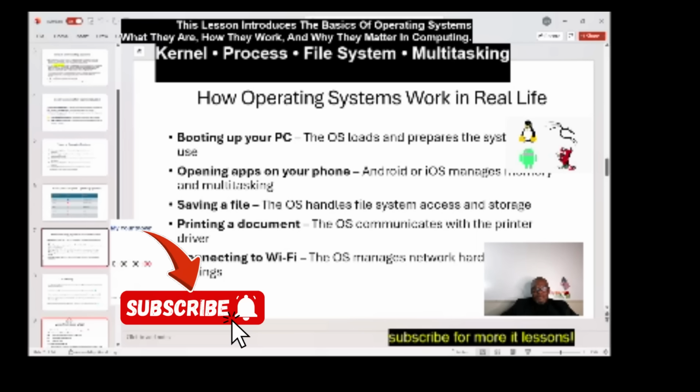Unless this computer is booted up, nothing will happen. So this firmware that is embedded in the ROM is what is called the operation system. That is the operation system that we are talking about. That is why I said I have to explain it, to make sure you know exactly what the operation system is.